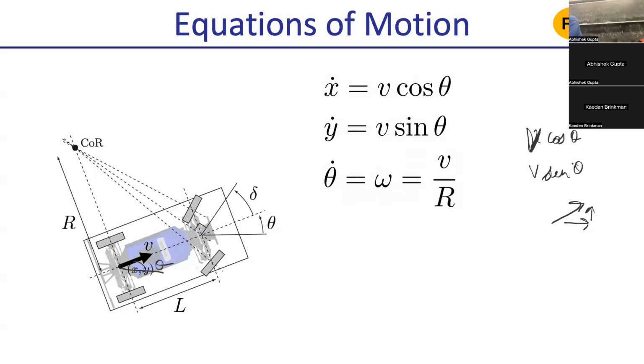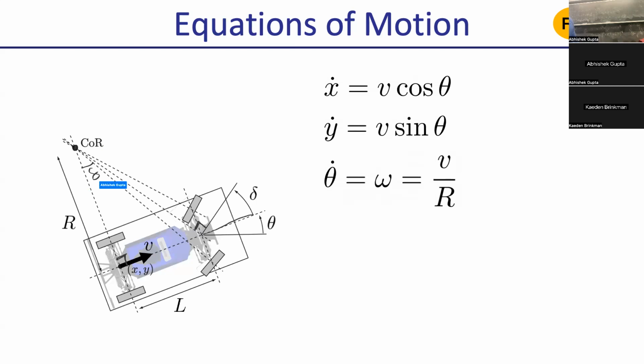And then we introduced this idea of the instantaneous center of rotation. And so we said that the instantaneous center of rotation is the point which remains stationary when your car is rotating, right? And so this angle is going to be 90 degrees. This angle is going to be 90 degrees, right? And let's say if your steering angle is delta, this angle here is delta, right?